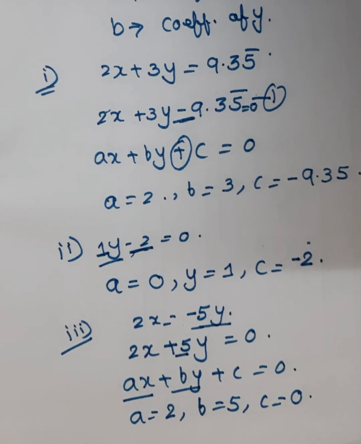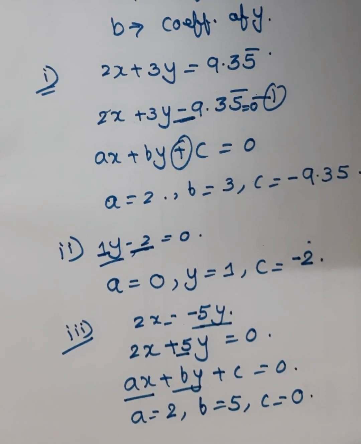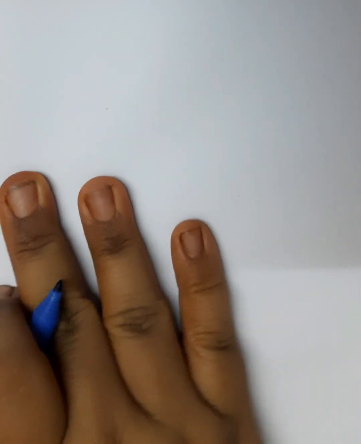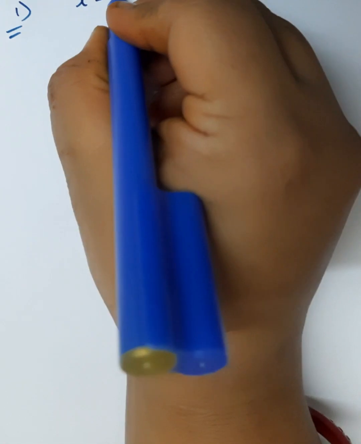Now the next kind of question we are going to see is finding the solutions. Suppose we are given an equation, x minus 2y is equal to 4. Now you have to check whether these given points are solutions of the equation or not.